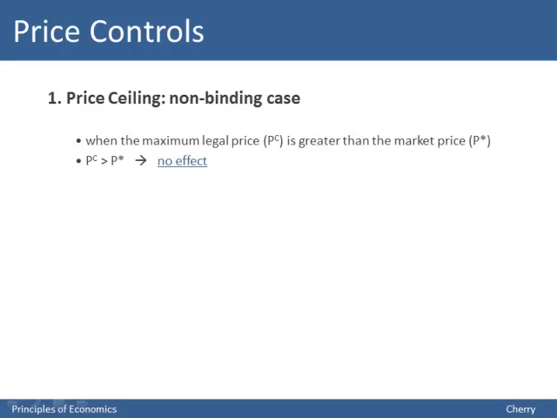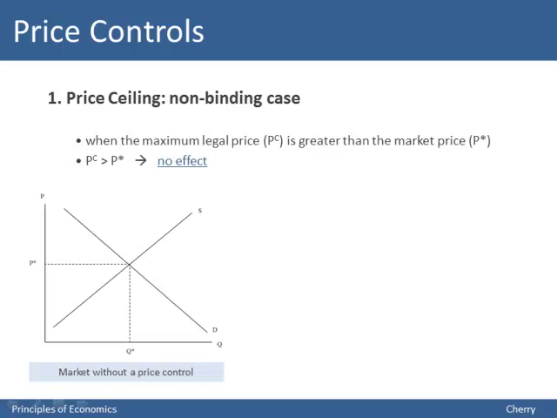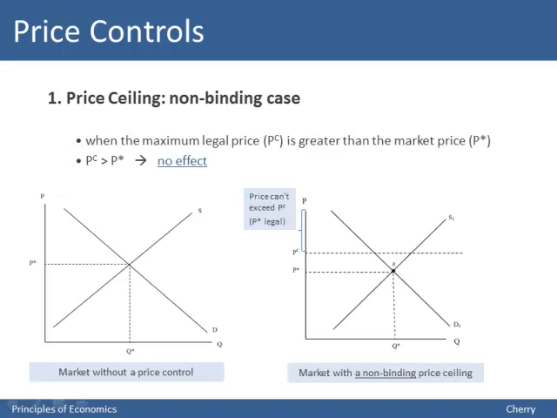Let's illustrate this further. We're looking at a market without a price control. That should look familiar: P star and Q star at the intersection of the supply and demand curves. Now let's impose a price ceiling. The only thing that we added to that diagram is a dotted line at P superscript C, indicating the price ceiling, and everything above that is illegal.